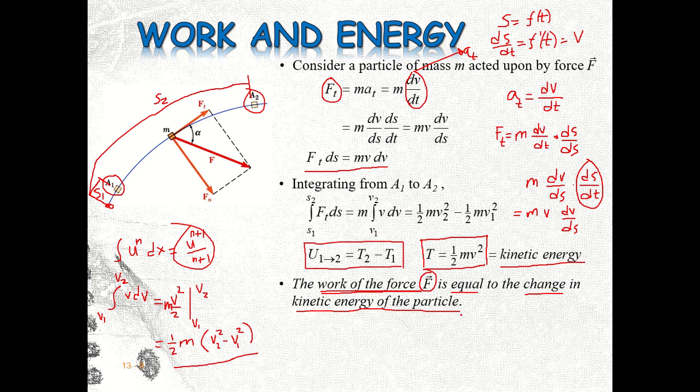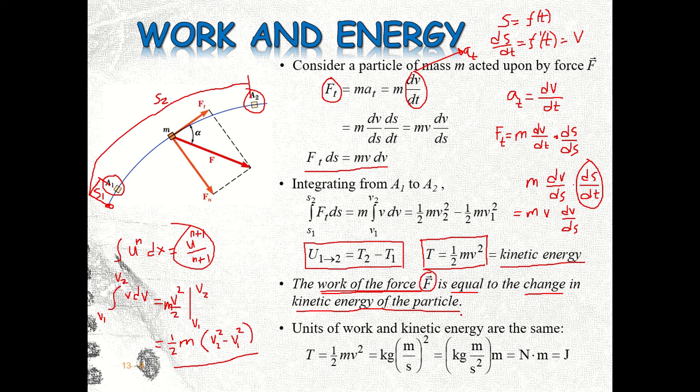Units of work and kinetic energy are the same. So we have kinetic energy equal to 1 half mv squared. The mass is in kilogram and the unit of v is meter per second, squared.